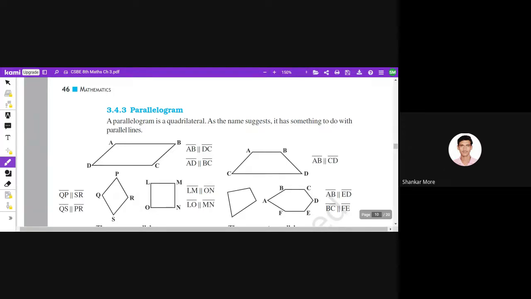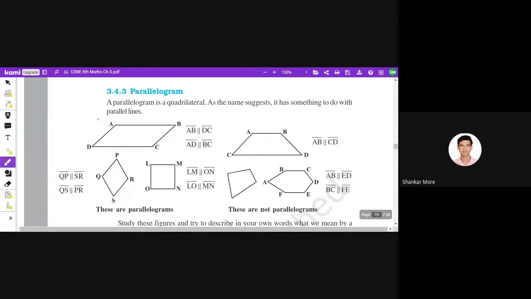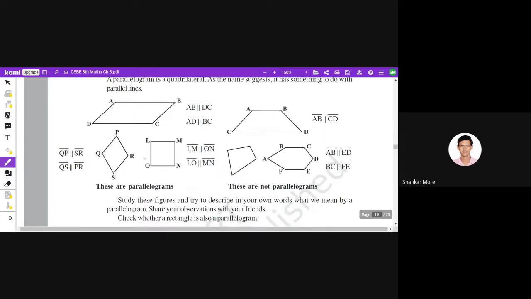See, the opposite sides, now AB is the opposite side of CD and AD is the opposite side of BC, right? So these opposite sides are parallel to each other. Okay, so AB is parallel to DC and AD is parallel to BC, so that is why it is called a parallelogram. Now this is again another figure PQRS given here.